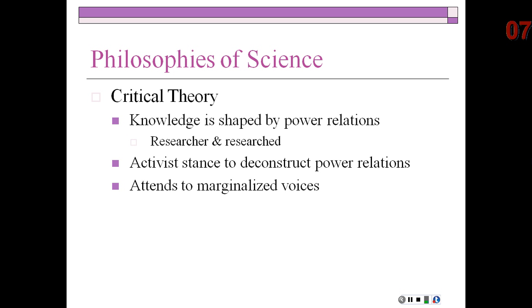And so community psychologists adopting this philosophy of science really take an activist stance to deconstruct these power relations and try to understand how power is manifested within society, and work to overturn some of that power and give power back to marginalized communities.